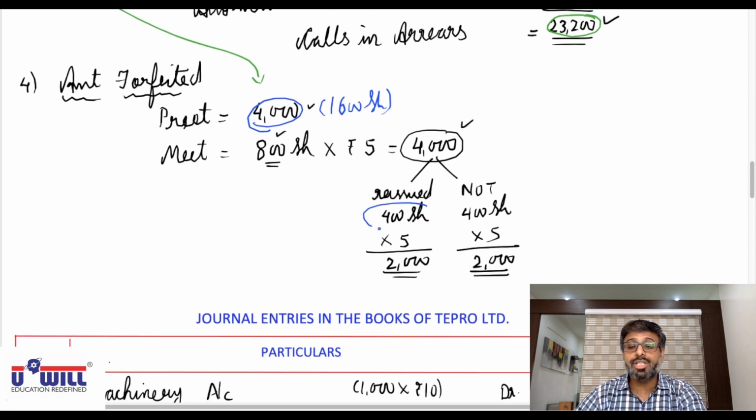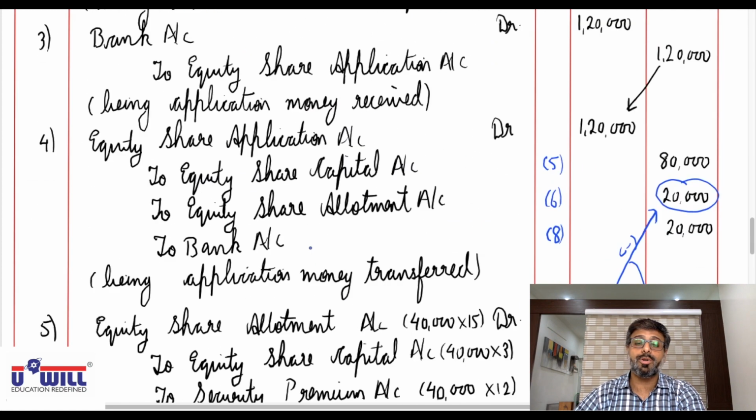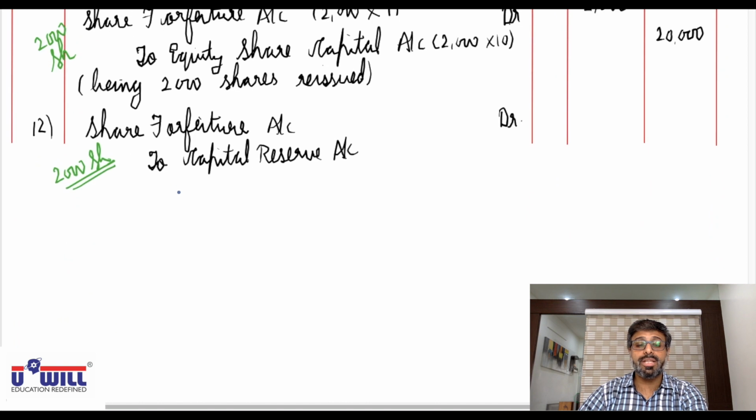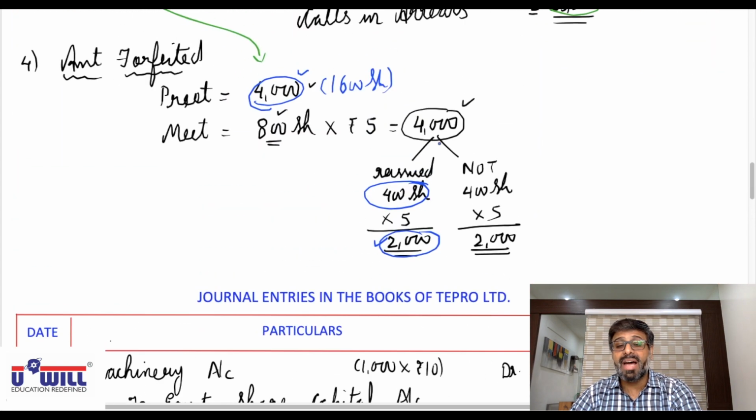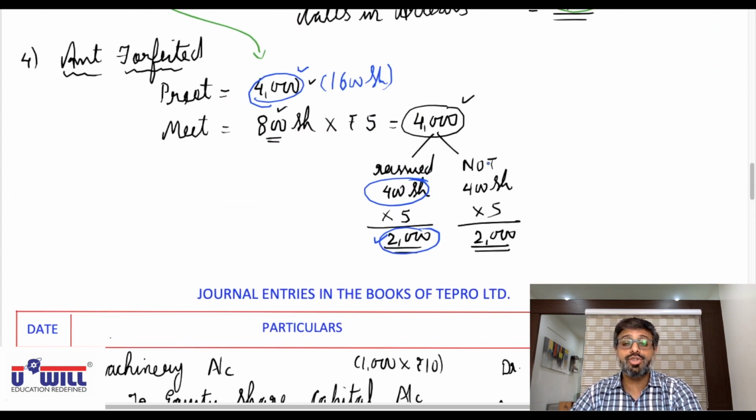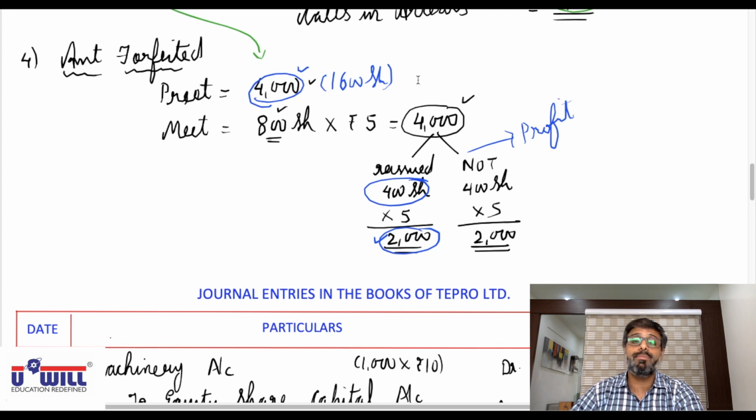On 400 shares of Meet, the amount forfeited is 2000. So 4000 of Preeth plus 2000 of Meet. That is the reason we do this bifurcation of reissued and not reissued, because this bifurcation always helps us in finding the amount of profit.